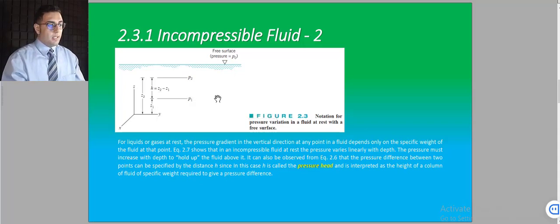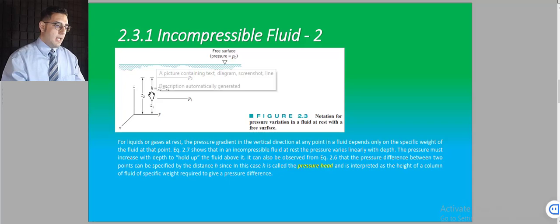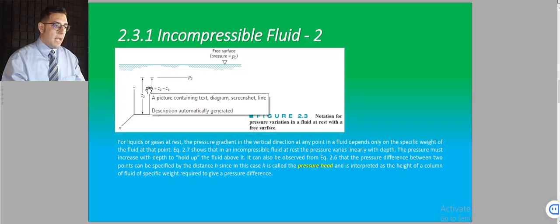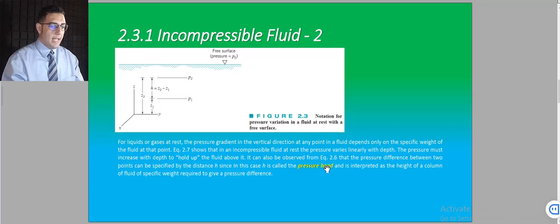It is interpreted as the height of the column of fluid of a specific weight required to give a pressure difference. So the H here is hold up distance, which is pressure head.